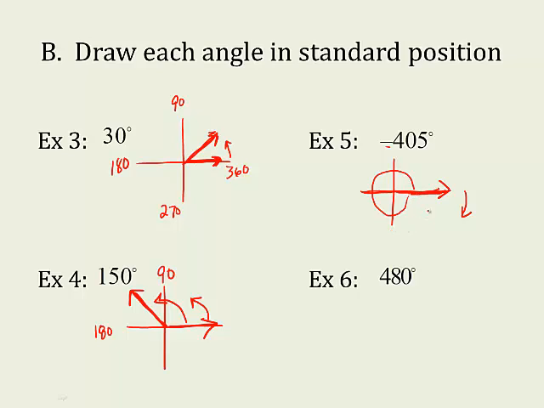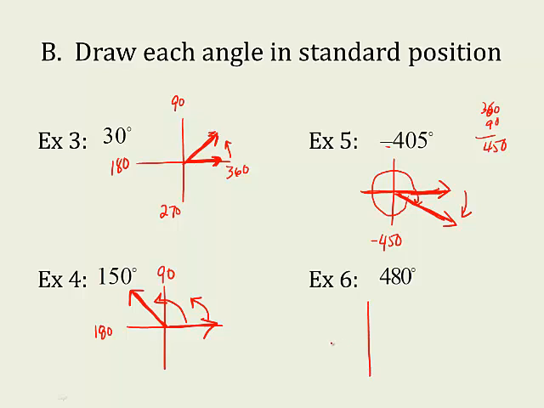And then if I go another 90 degrees, 360 and 90 would give me 450. So this would be negative 450 if I kept going. I don't want to go that far. I just want to go to negative 405, so that would be just right in here. So my angle has looped around one whole time and a little bit more. So it's negative 405 degrees.